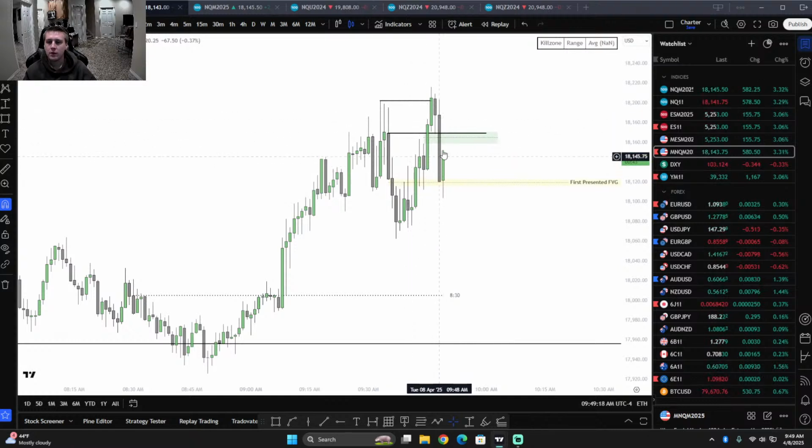Fair value gap in, fair value gap out. See if that's used as inversion, and this acts as a balanced price range.